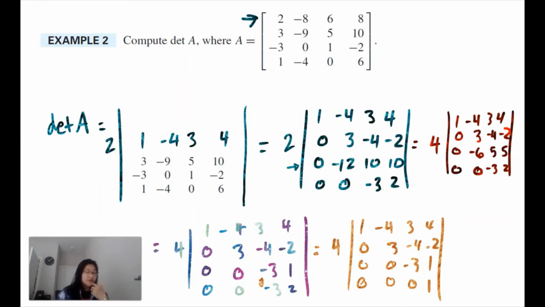Okay, and now we have triangular, so now we can multiply through, and we end up with what? 3 times 3 is 9, negative 9, times 4 is negative 36. So there you go. There's your determinant. Cool. I'm very relieved that matched with the book.